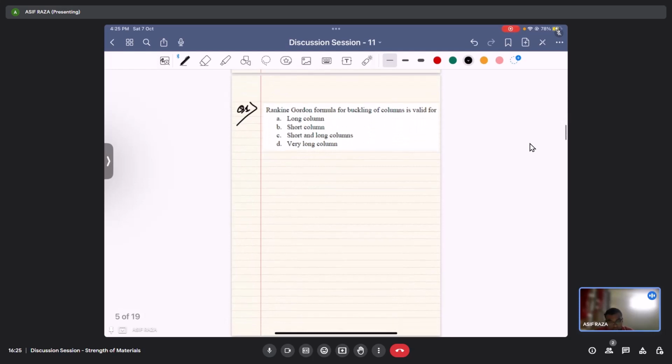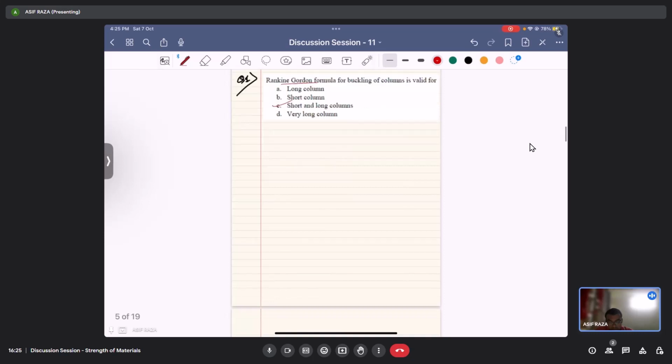The first question is: Rankine-Gordon formula for buckling of columns is valid for: option A long columns, option B short columns, option C short and long columns, option D very long columns. The correct answer is option C, short and long columns.